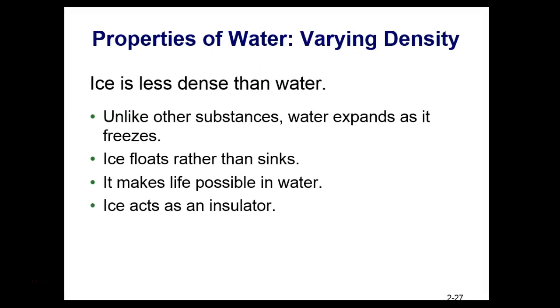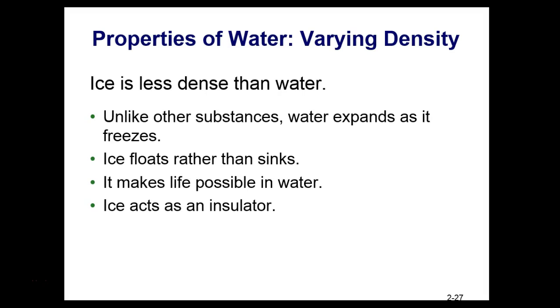Ice is less dense than water, which is why it floats on water and does not sink. It's a great insulator for a lot of those organisms that live in extreme aquatic environments.